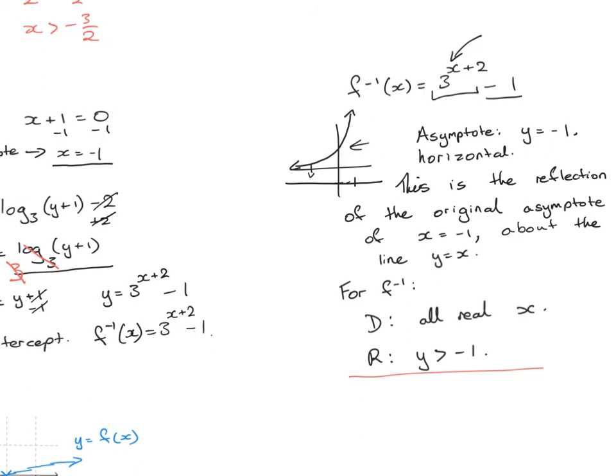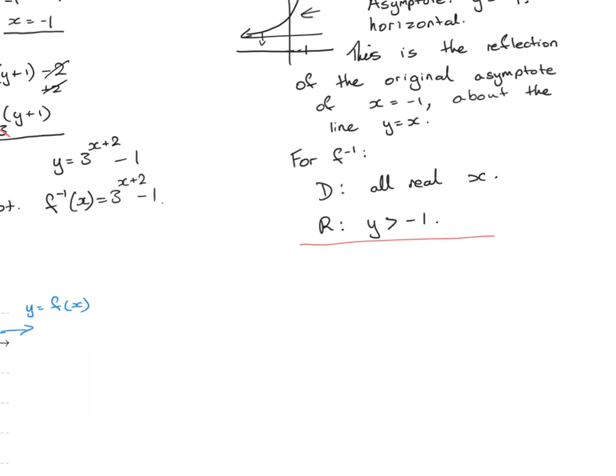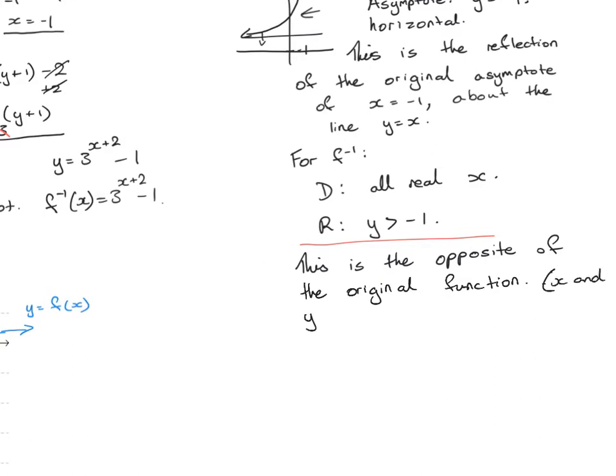So basically, we can say here this is the opposite of the original function, therefore, or maybe in brackets write x and y have just swapped roles. Therefore, it is the inverse function.